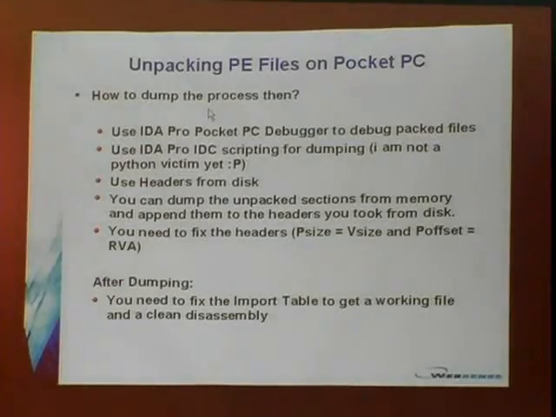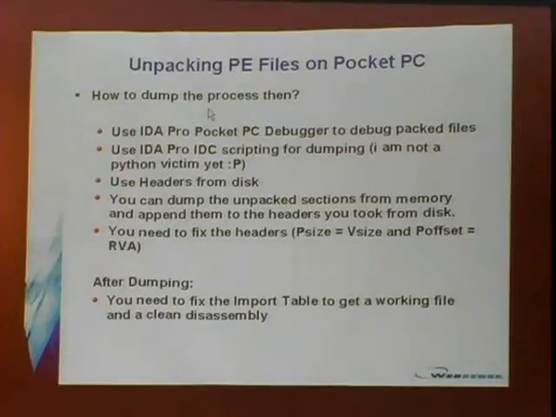So how can you dump a process on Pocket PC? You first use the IDA debugger to find the original entry point. And then you can write an IDC script for dumping. The main problem is there are no headers in memory, so we can just use them from disk.